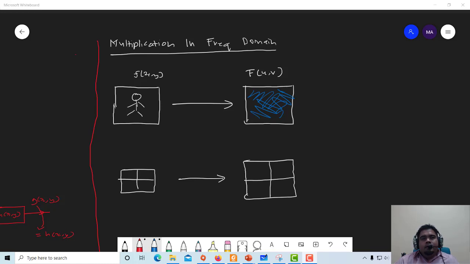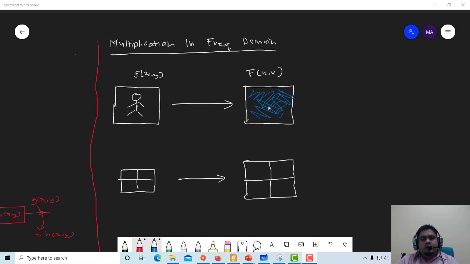Actually, when we talk about multiplication, it is a typical multiplication operation, like what we have discussed in chapter 4. For example, this is your image F in the spatial domain.